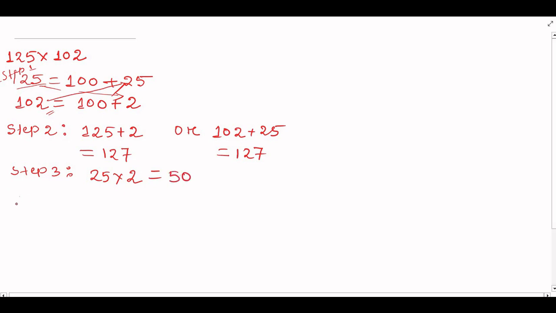Now in our final step, step 4, you see, in step 3 whatever we got, here we got 50, a 2 digit number. So we take these 2 digits as the last 2 digits of the final answer, and from step 2 we take whatever value we got, 127. So this is our final answer.